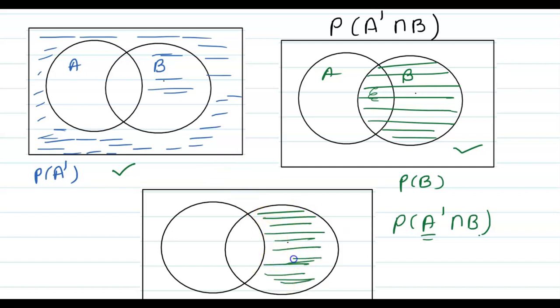This is the common part of this diagram and this diagram. So this will represent P of A not intersection B. I hope it is clear. And you can write down here, this is A and this is B, and this is the universal set outside.